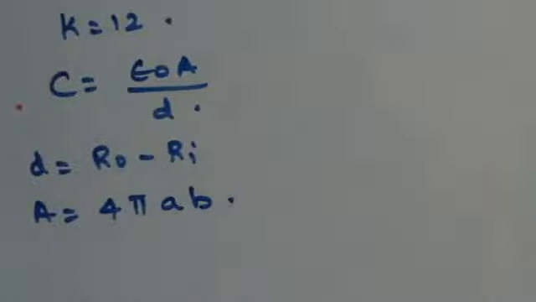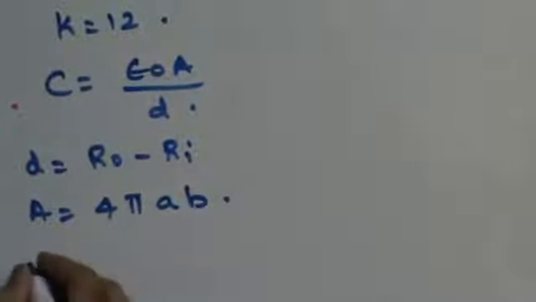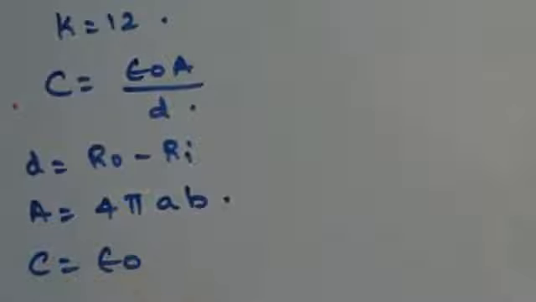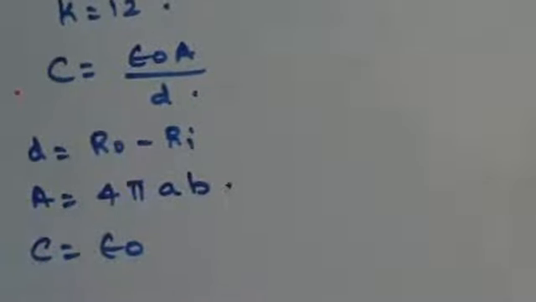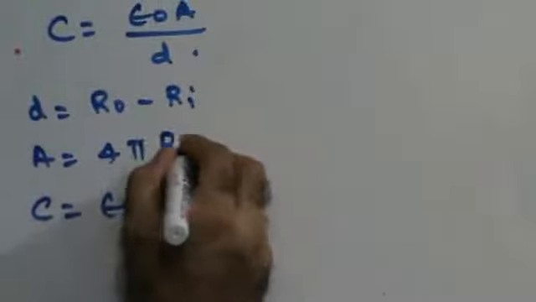When you work this out, you get 4 pi ab. So if I substitute these values, I'll get C. So what is the area? 4 pi, okay, I'll write this as R0 into Ri.